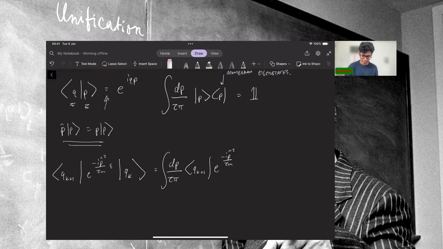That's an epsilon. And now I'm inserting this complete set of states here, and then there's a QP here. So I've inserted a complete set of states here. Okay, and that's this complete set of states here.